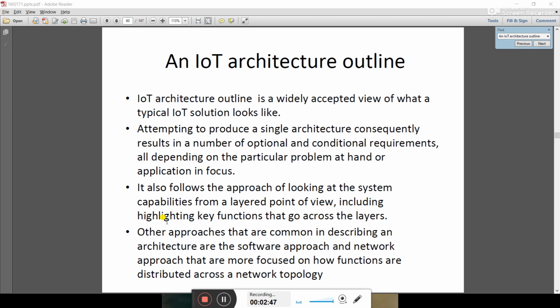It also follows the approach of looking at the system capabilities from a layered point of view, including highlighting the key functions that go across the layers.